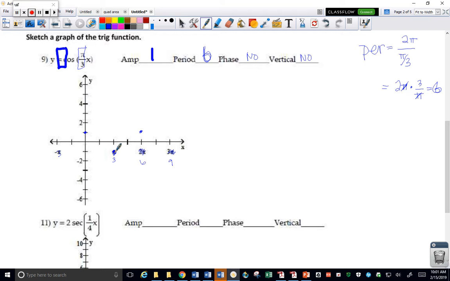So that's going to be right here, in fact, where I'd already colored that out. Which means our zeros are there and there, and this is going to be 9, so it's going to be back down here again. Okay, so then we connect all these dots in a nice smooth manner. And that is the graph of cosine of pi over 3 x.